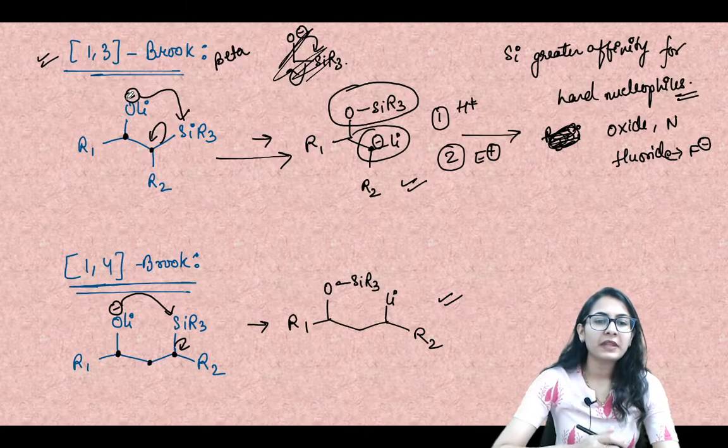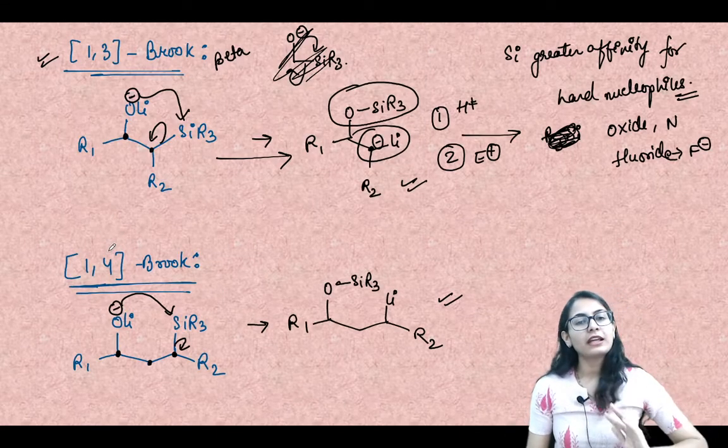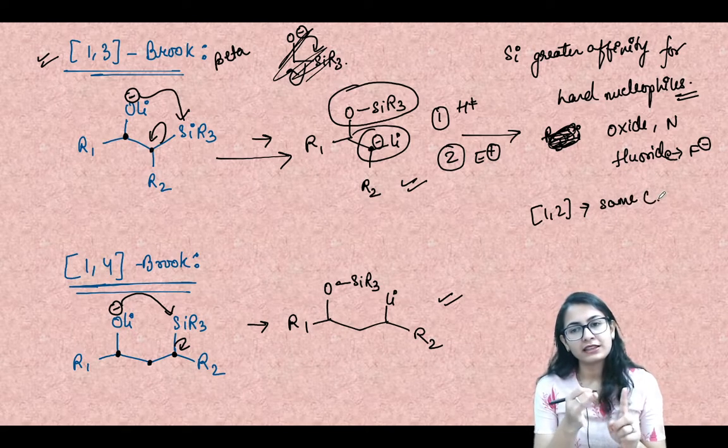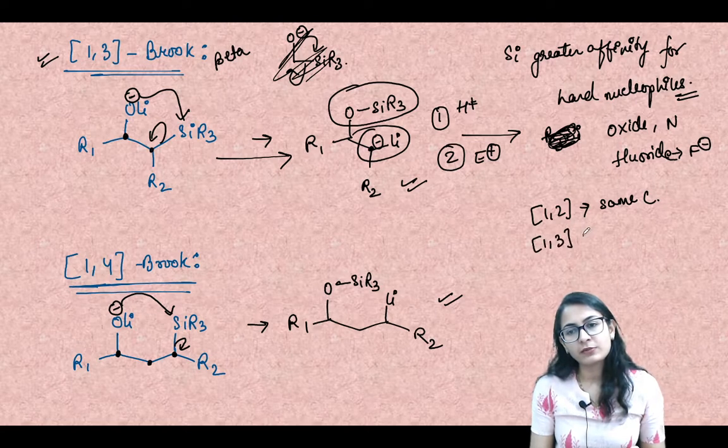Let's move back and check. If we are talking about 1,2 group rearrangement, then they are on the same carbon. Yes, the OH group and the SiR3 group are on the same carbon. If we are talking about 1,3 group rearrangement, they are on adjacent carbons.